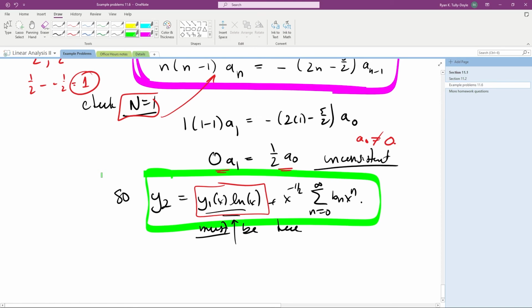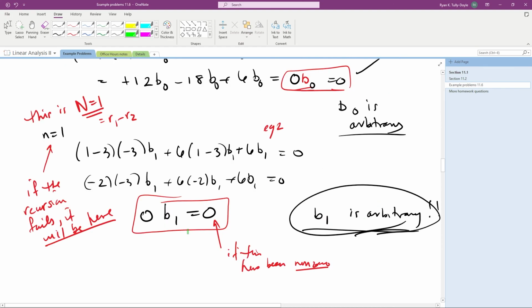Okay, so hopefully that comparison of two problems of the same type that go different ways is a useful one. And where was the split in how these things acted? Well, when we looked at this equation right here, we ended up with something impossible: 0 times a1 is equal to something that's explicitly not 0, which can't happen.